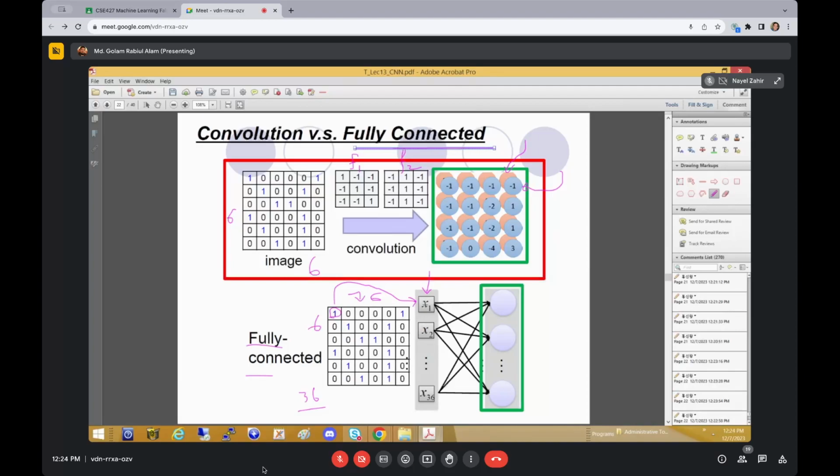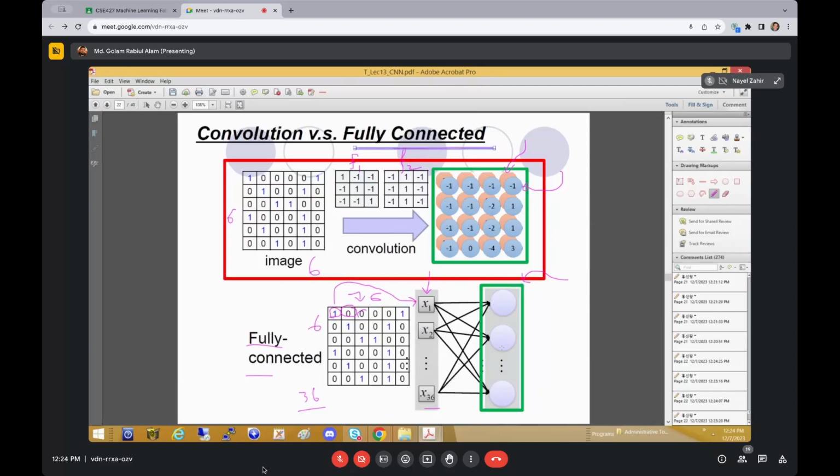We can consider these as x1, x2 up to x36. So x1 is in this case 1, x2 is 0, x3 is 0, and so on. Now consider that we have the same number of neurons in our first hidden layer.